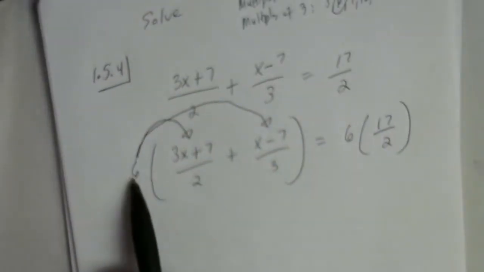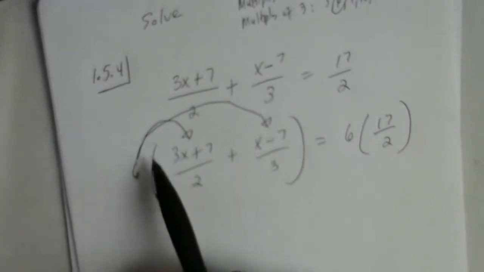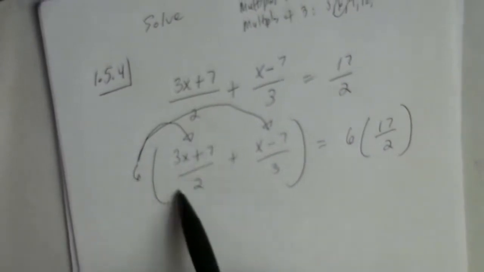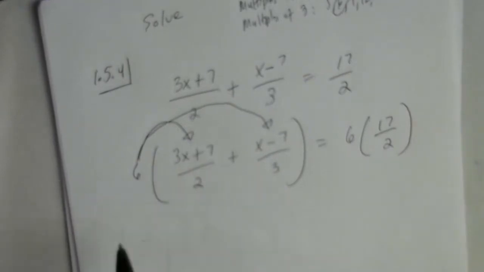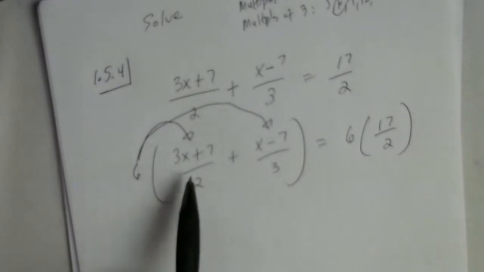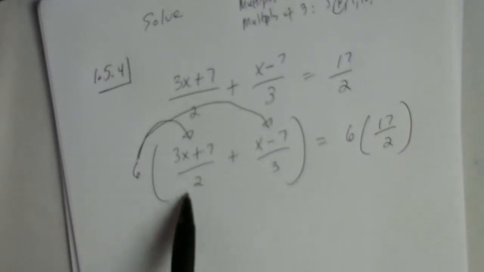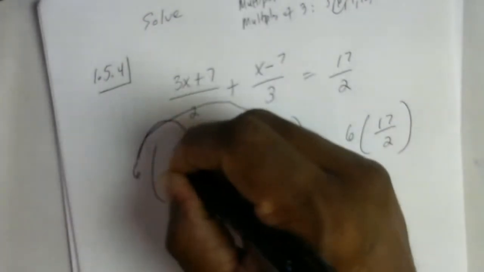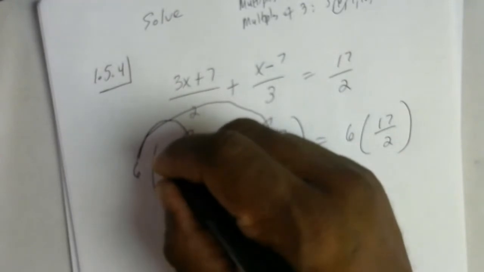When I multiply 6 times 3x plus 7 over 2, I could distribute 6 by 3x and 6 by 7 and put that over 2. Or I could reduce 6 first. So here's what I mean by that. The 6 divided by 2 would give me 3. So once I reduce, I would actually distribute 3. So I'm actually going to kind of write a 3 here.